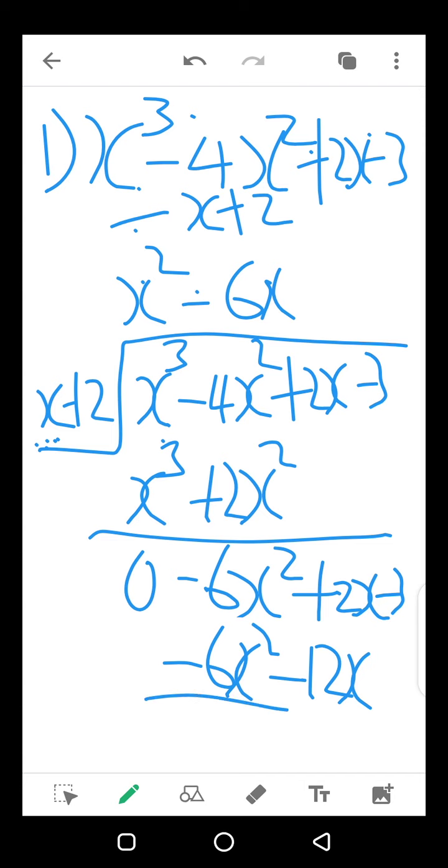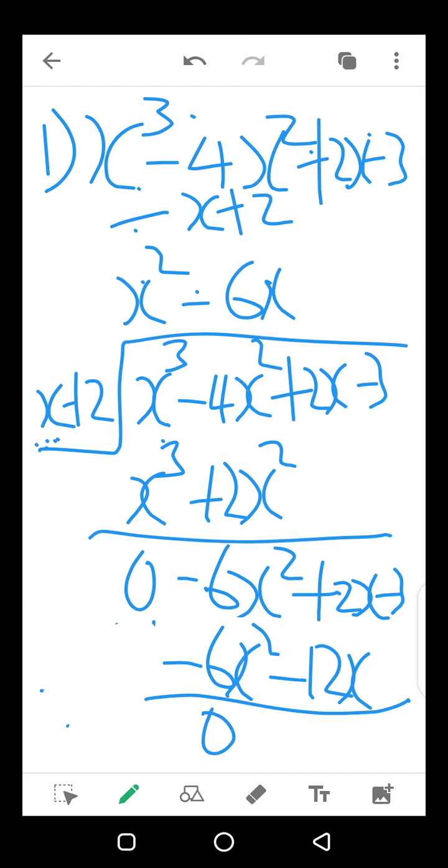Now we subtract again. Minus 6x squared minus minus 6x squared, this will give us minus 6 plus 6, which is equal to 0. Now with 0 here, we are going to have 0 here.